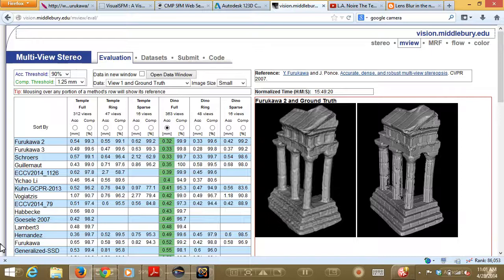Okay, so any questions about multiview stereo? It really is worth downloading the Autodesk 123D Catch. There's an app on the phone, a desktop version, and a web version, and I had a hard time getting all three of them to play well together.